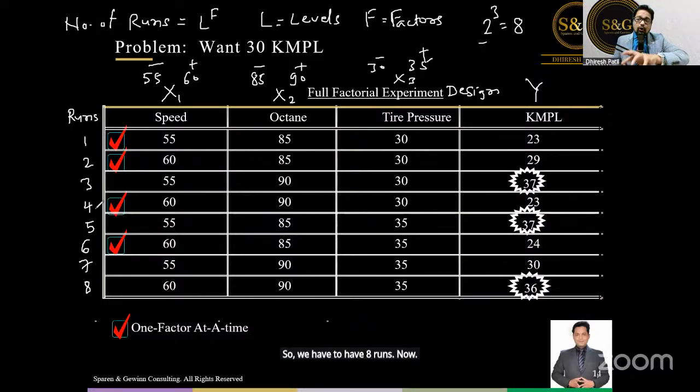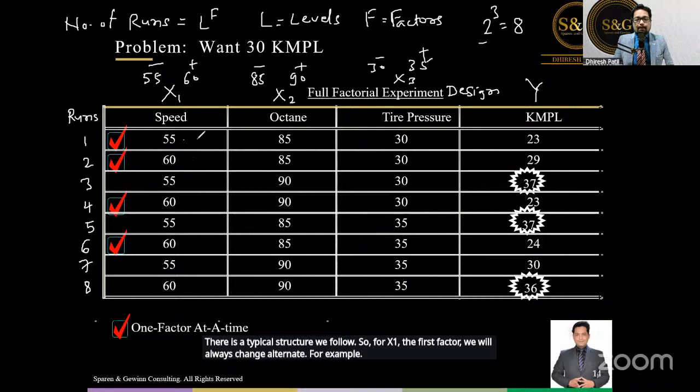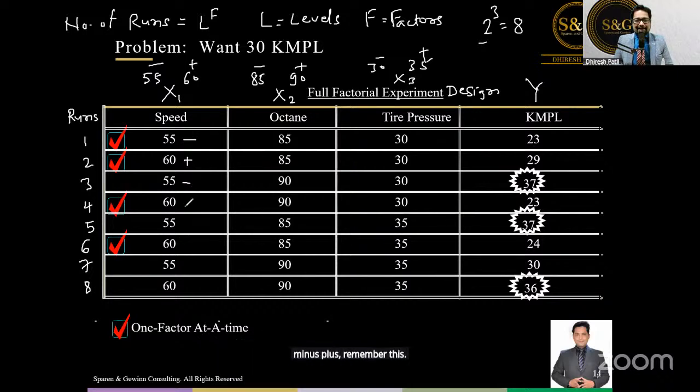Now, how do we define all the permutations? There is a typical structure we follow. For X1, the first factor, we always alternate. For example, minus plus, minus plus, minus plus, minus plus. Every alternate run, we change the setting. For the second factor, after every 2 runs, we change the setting. For example, the first 2 will be minus minus, then plus plus, then minus minus, then plus plus.